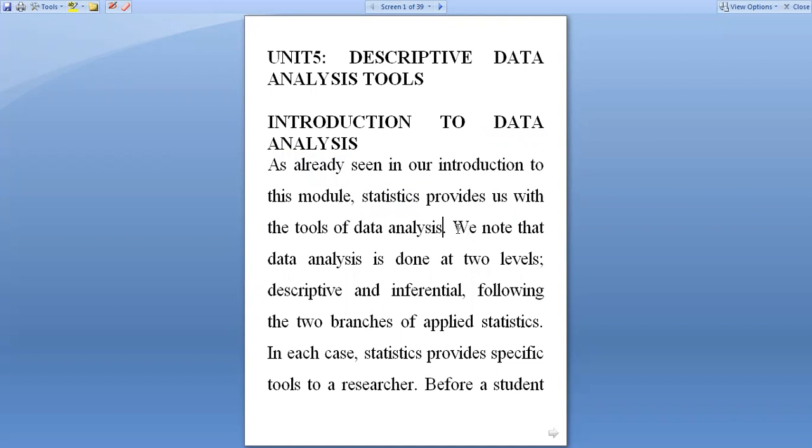We noted that data analysis is done at 2 levels, at a descriptive and inferential level, following the 2 branches of applied statistics. In each case, either descriptive or inferential, statistics provide us with specific tools to analyze data.